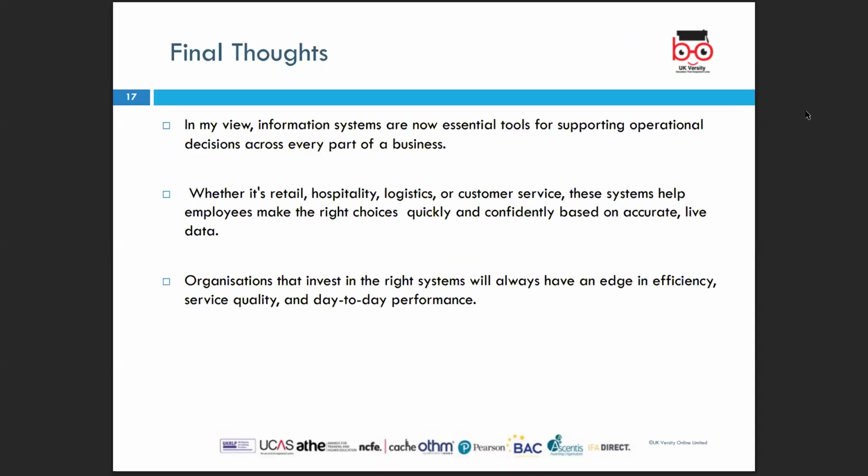So as you can see, whether it's retail, hospitality, logistics, or customer service, these systems can help employees make the right choice quickly and confidently based on accurate and live data.